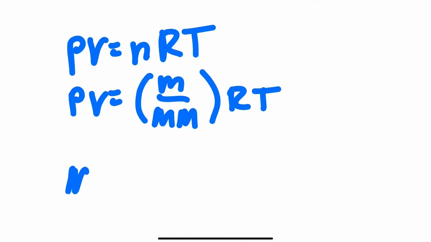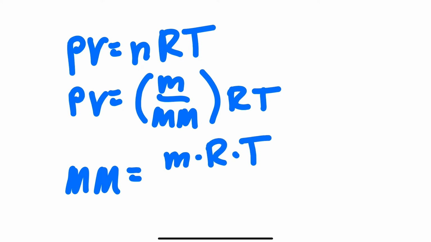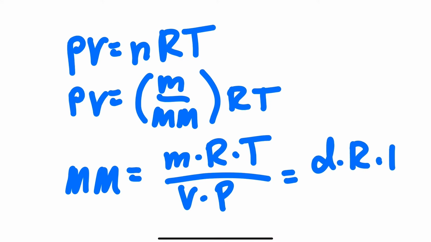If I rearrange that, my molar mass is now equal to the mass of the gas times the R constant times T divided by the volume and the pressure, which means it's also based on density. So you could also write this equation as density times R times T all over the pressure.